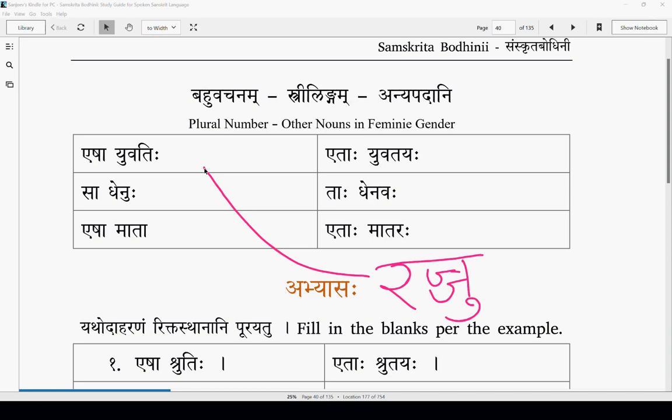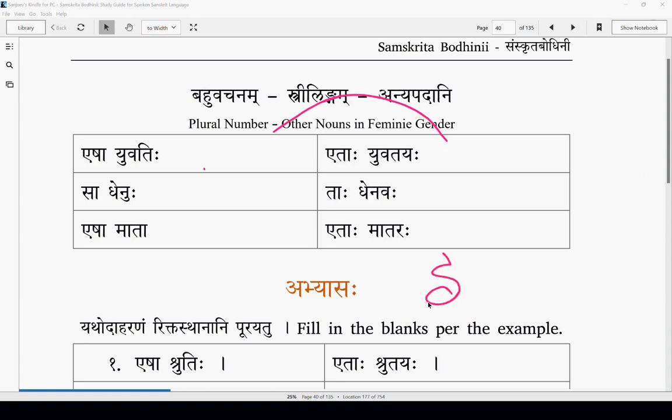And just now in the body parts we saw Hanu. What is the meaning of Hanu? Jaw. So Hanuhu, Hanavaha. Then we have Ishu. Ishu means arrow.